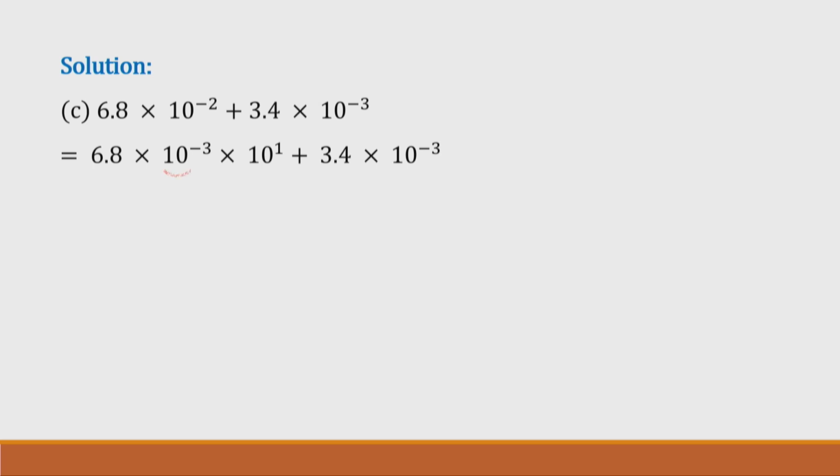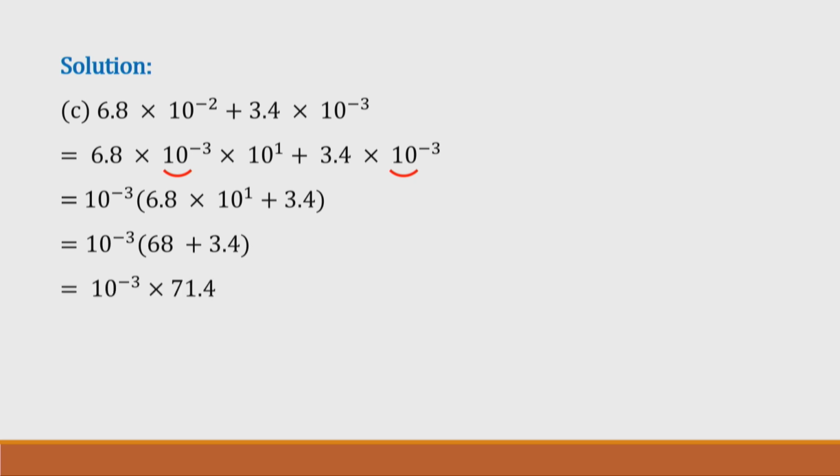So 10 power negative 3 is common. I take 10 to the power of negative 3 outside. And I am left with 6.8 times 10 power 1 plus 3.4, which will be equal to 10 power negative 3 into (68 plus 3.4).